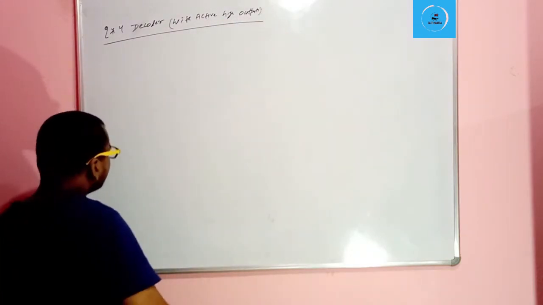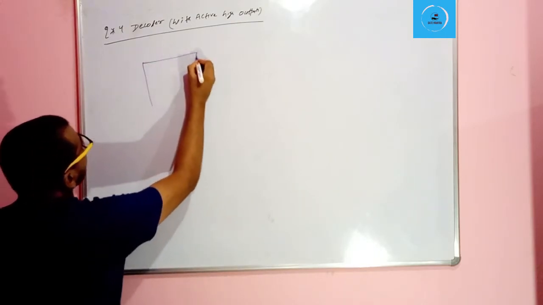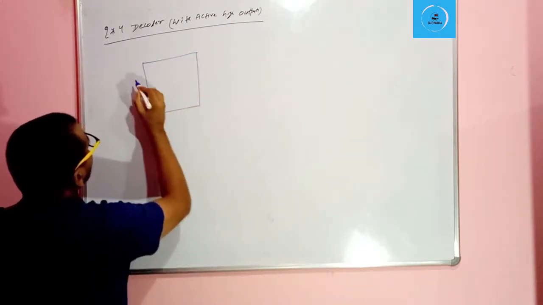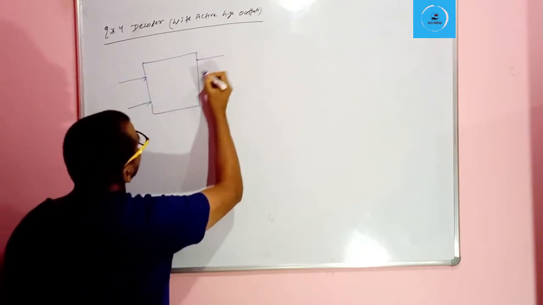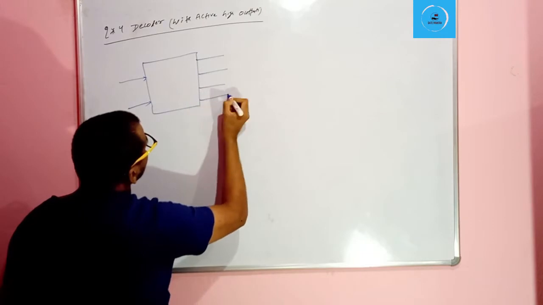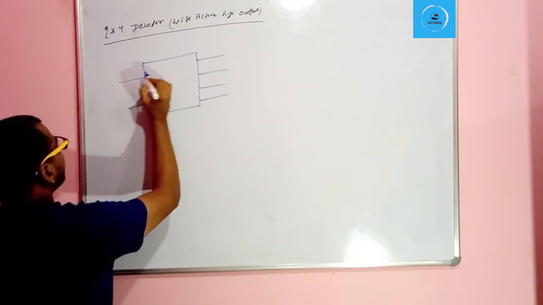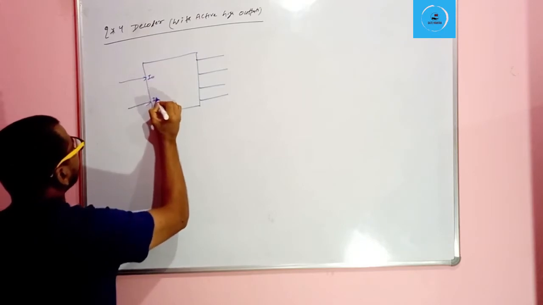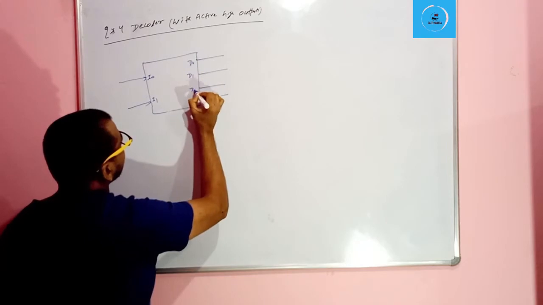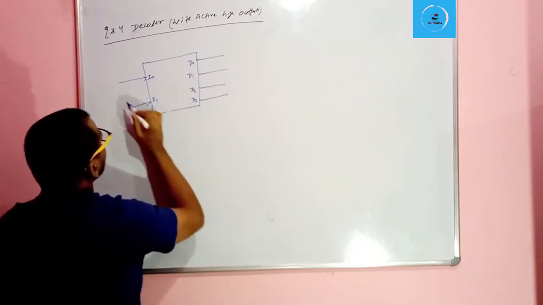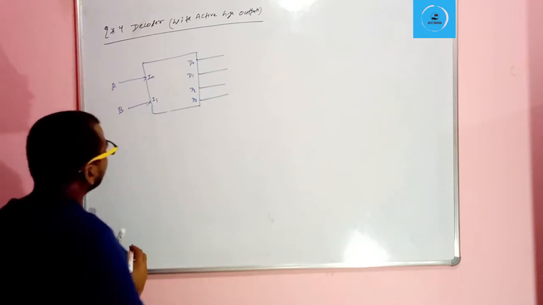In the 2 to 4 decoder, the block diagram is like this. Here there are 2 inputs, and here there are 4 outputs. The 2 inputs we will call A and B, and the 4 outputs are D0, D1, D2, and D3.